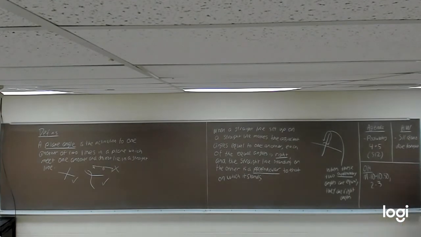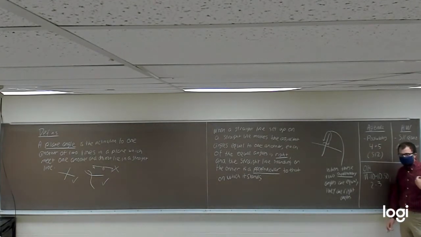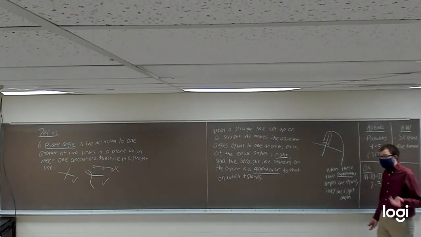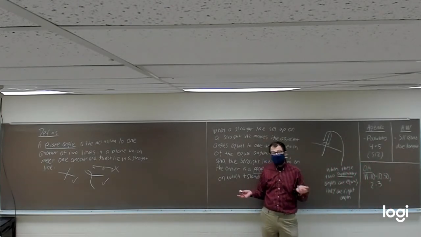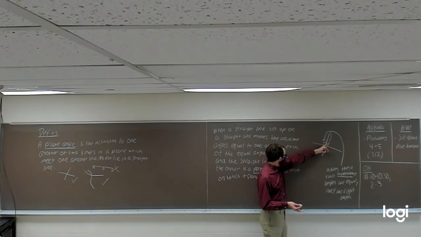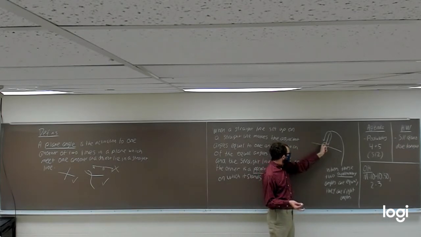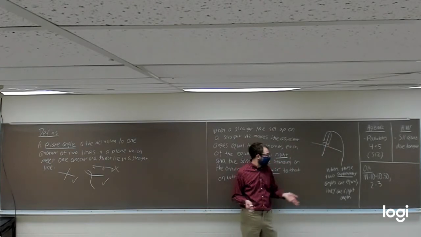For Euclid, since he didn't have the notion of degrees per se, he didn't use the word supplementary, but if he had, he would have referred to two angles which when added up would give two right angles.